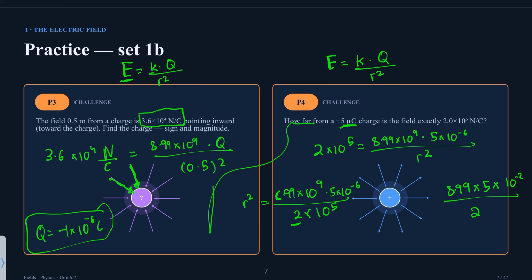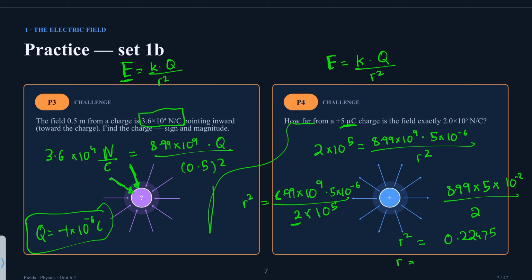So let's see what this gives us. 8.99 times 5 times 0.01 divided by 2. It should give you approximately 0.22475. That's R squared, right?